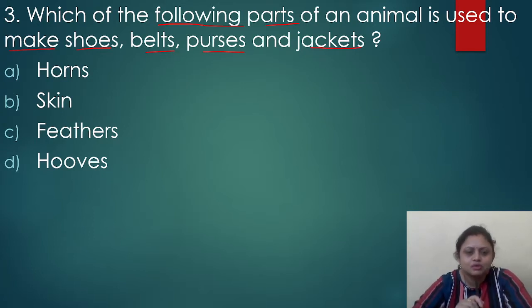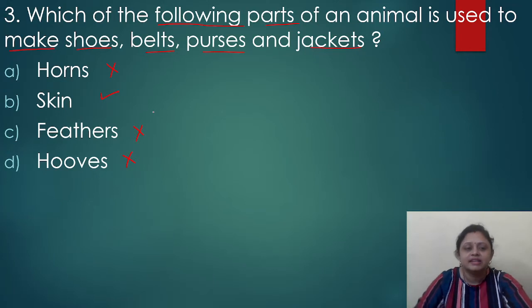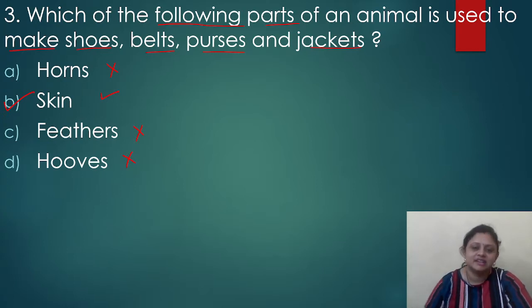Horns are used for making these things? No. Skins are used? Yes, skins are used. Feathers? No. Hooves? No. So which one is the correct answer? The correct answer is option B, that is skin. So skin of the animal is used to make the shoes, belts, purse and jacket.